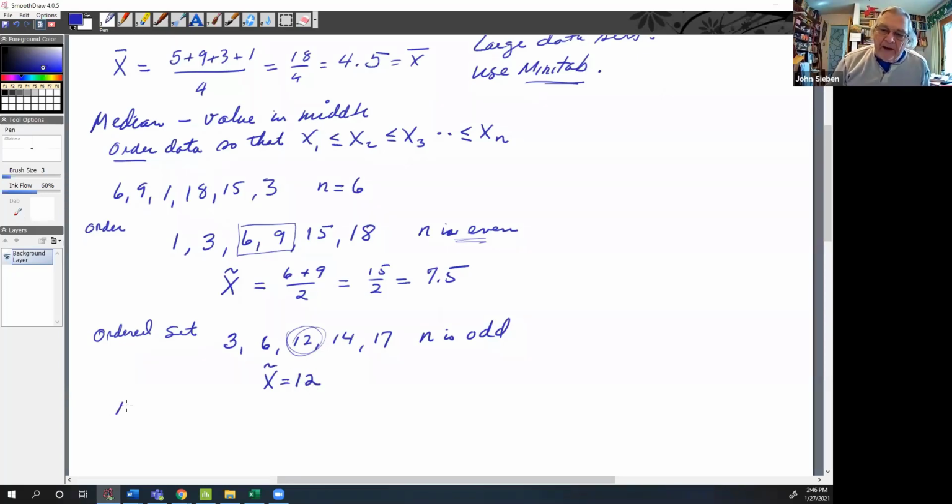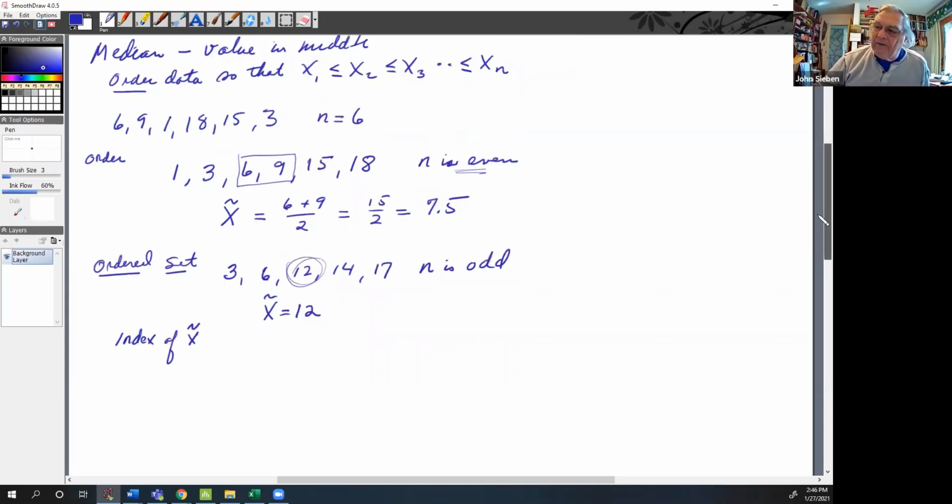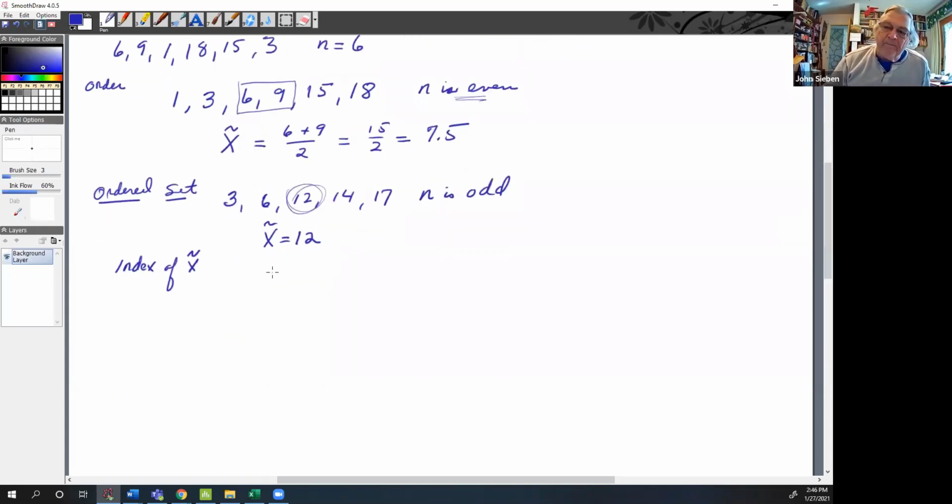We can talk about the index of x tilde. Now the index, that's just a pointer that tells us where in our ordered set we go to find x tilde. Useful concept if we've got a very large data set.